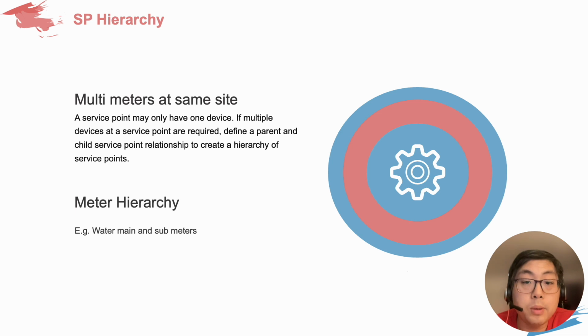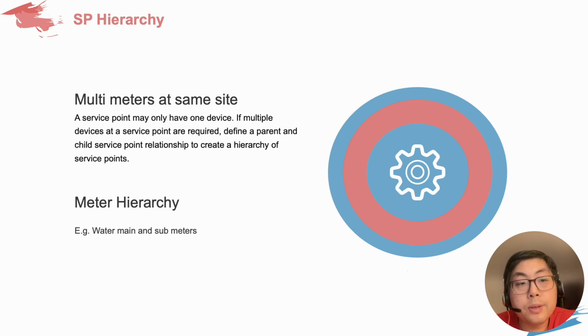You could have multiple meters, although not all of them are billable, but you do need to store these and relate these meters in the system. So in that case, you will have a kind of logical parent service point which connects all these meters in the life cycle. I mean in the V model.